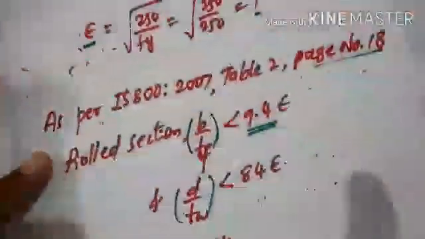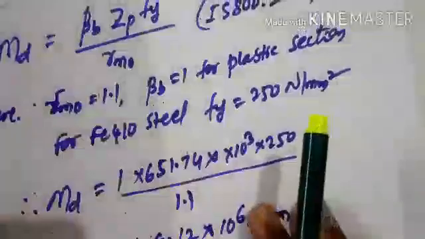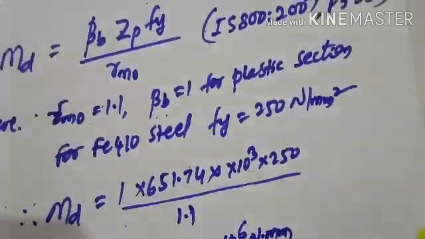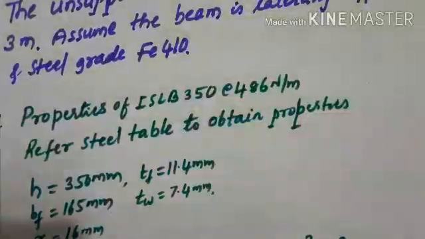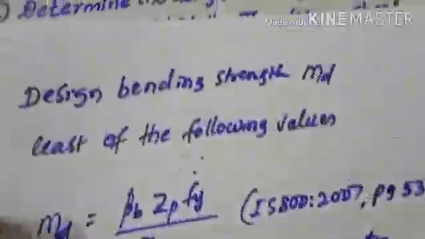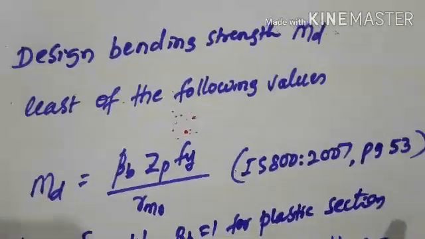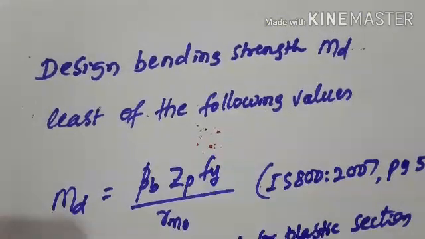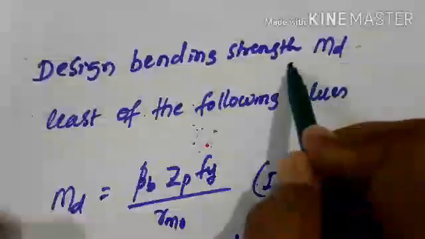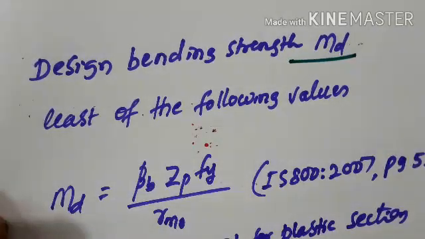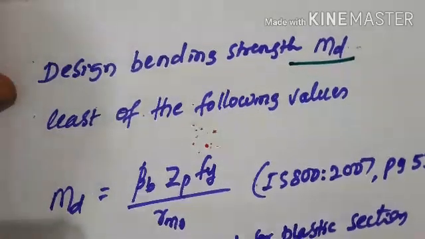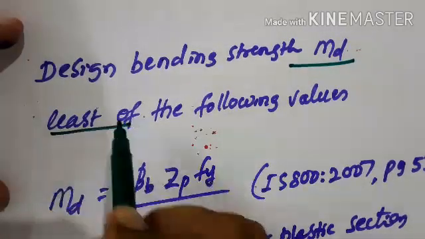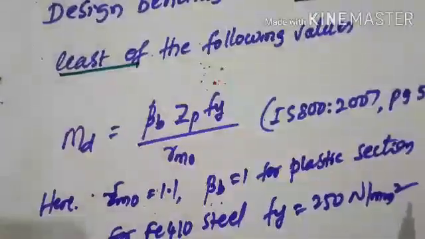So after this, the next is the design bending strength. Then we have to calculate the design bending strength, that is Md. Once we have classified the section as a plastic section, the Md value to be taken is the least of the following two values.